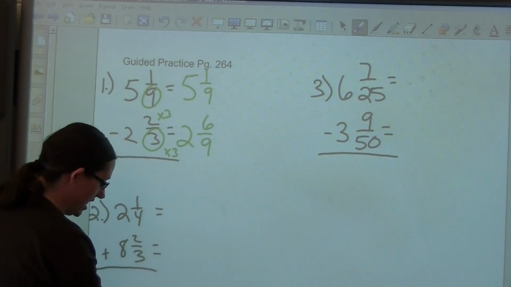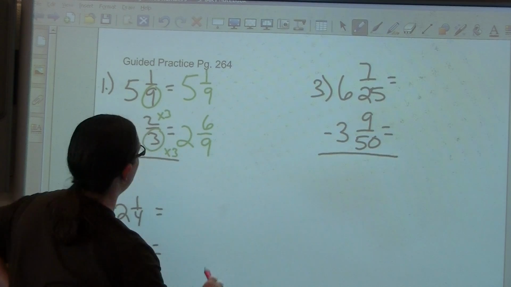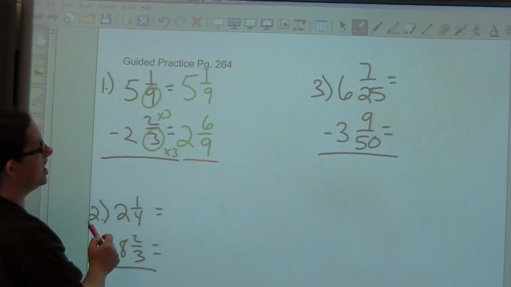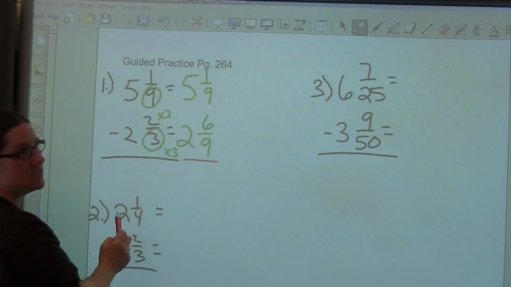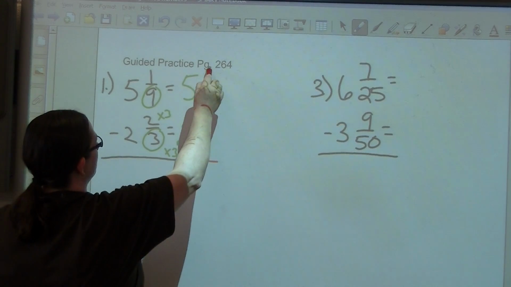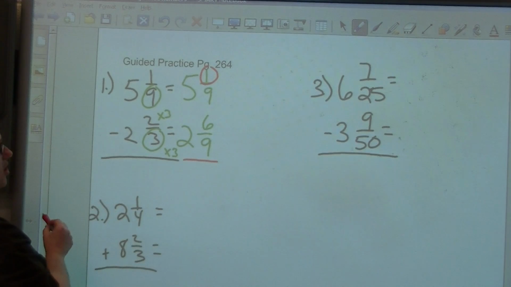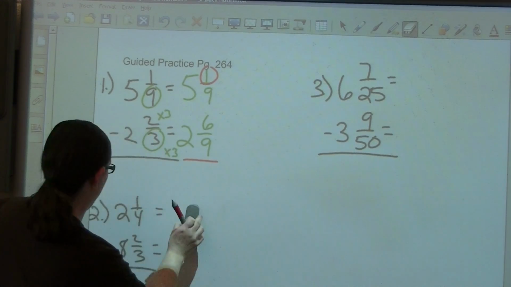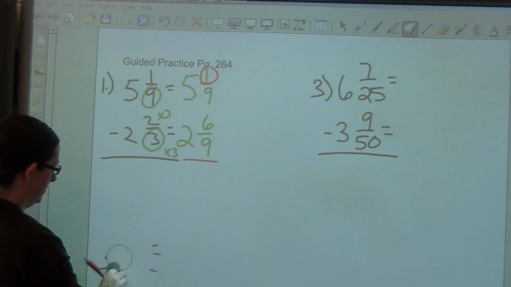6. Okay, now let's see if we are able to subtract. Now we have 1/9 and 6/9. Can we do 1 minus 6? No, so what do we need to do? We need to borrow. Okay, so now Ms. Sharber is going to erase this, sorry.